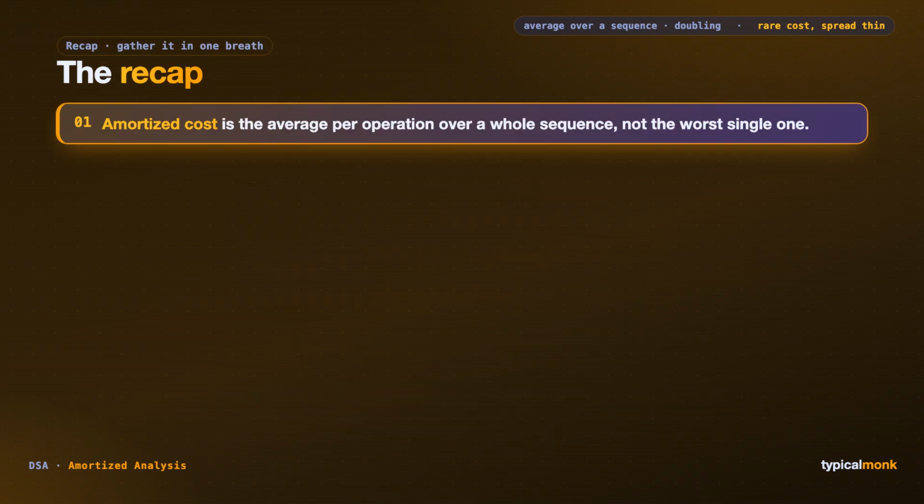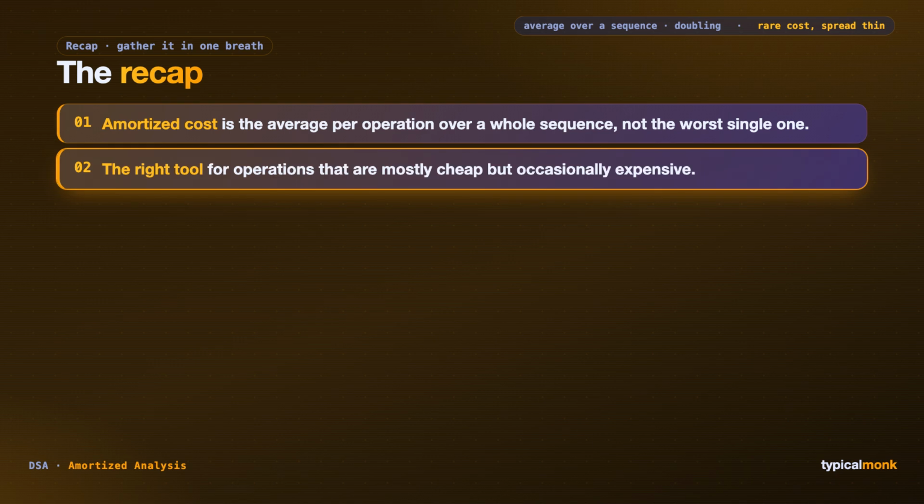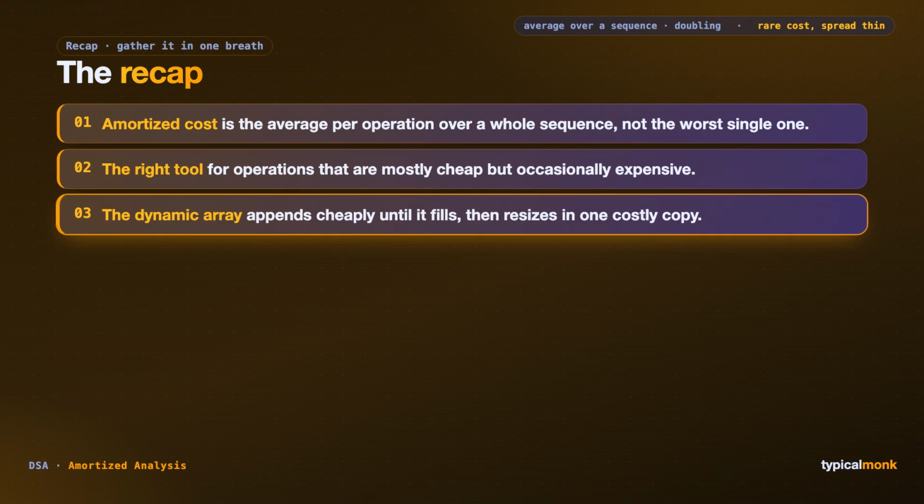Let us gather the whole class in one breath. Amortized cost is the average cost per operation over a whole sequence, not the worst single one. It is the right tool for operations that are mostly cheap but occasionally expensive. The dynamic array appends cheaply until it fills, then resizes in one costly copy.